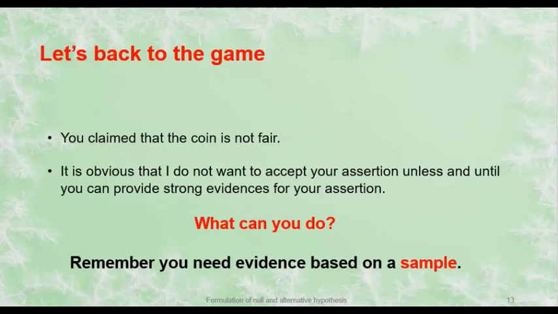You claim that the coin is not fair, and it is obvious that because I want to support H0, I don't want to accept your assertion unless and until you can provide strong evidence of your assertion. So what can you do? Remember, you need evidence based on a sample.